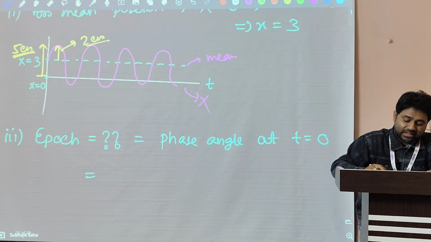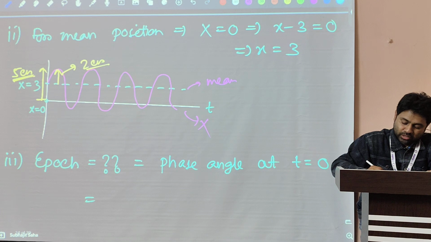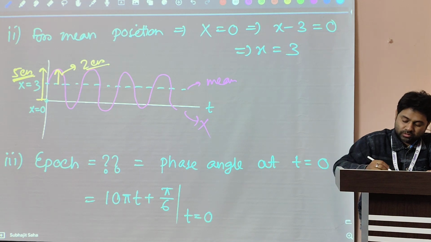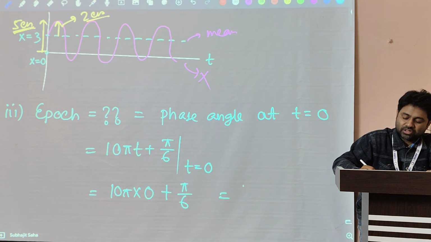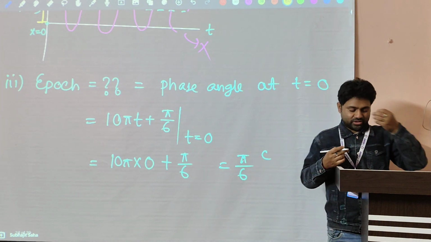So here the phase angle is 10 pi t plus pi by 6. The total is the phase angle. Its value at t equal to 0 is 10 pi into 0 plus pi by 6, that is pi by 6 radian. It's called the epoch or the initial phase.